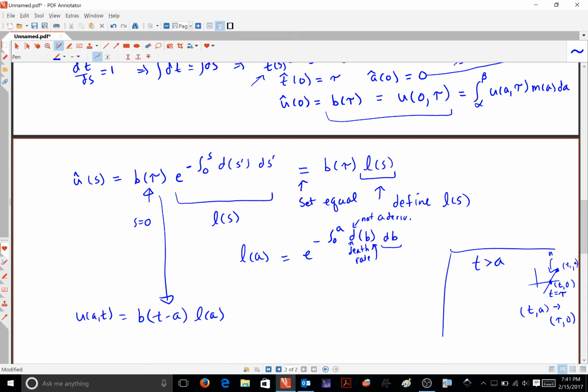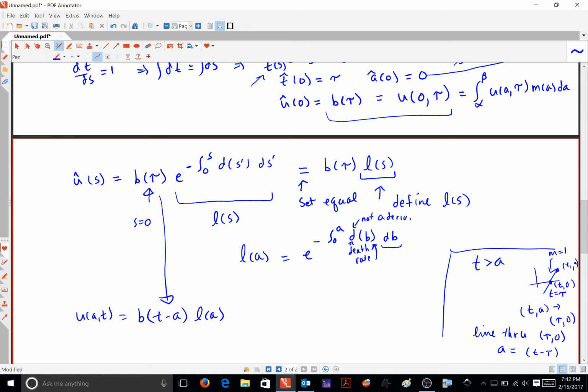Remember, your line has slope equals 1, so that means that if you're going through this variable tau 0, the line through tau 0, with a slope of 1, is going to be a is equal to t, but we want it shifted to the right, t minus tau.